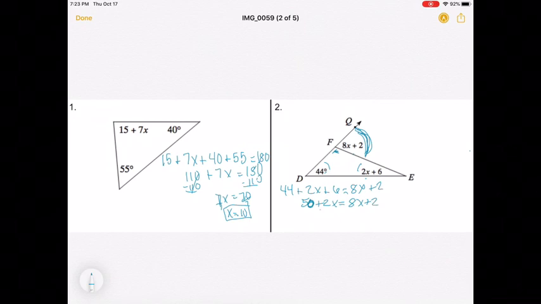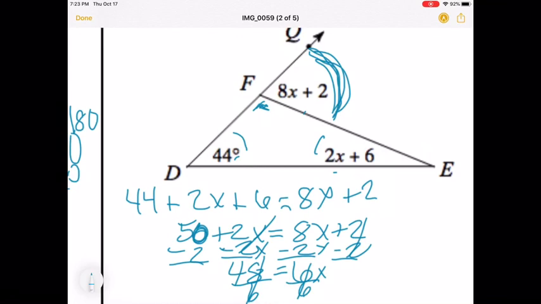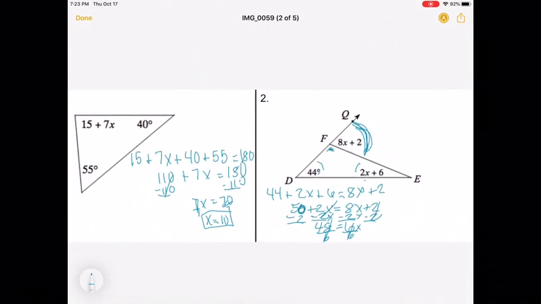You can do it either way first, doesn't really matter what you do. I would probably subtract 2x to keep it positive. So that's 6x, and subtract a 2 from 50. So 48 equals 6x, divided by 6. Oops. Out of room, but x would equal 8 then.